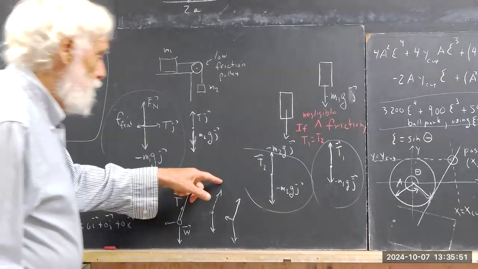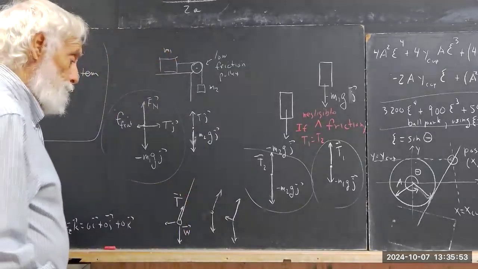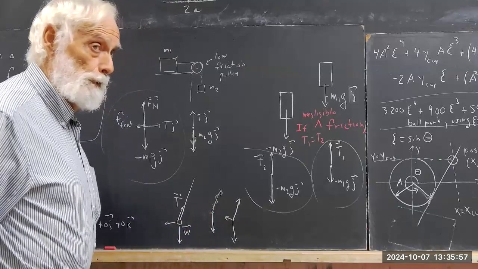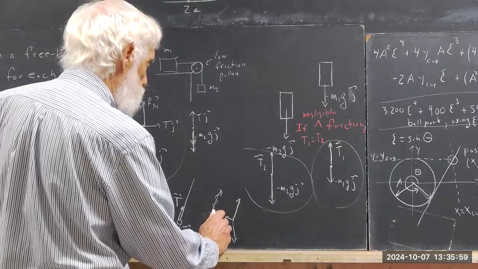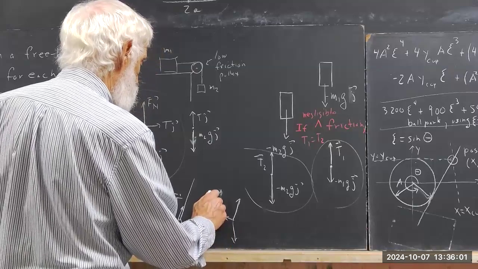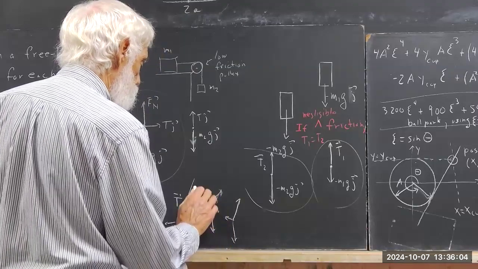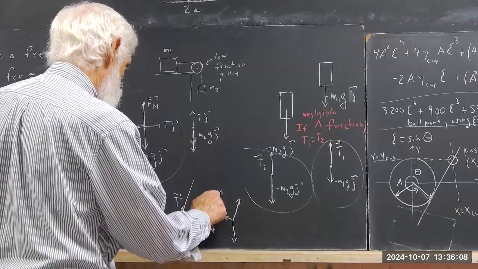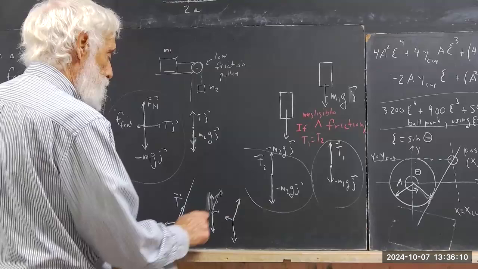Now you can take this tension here and remove it and replace it by its components. Well, I kind of missed, my hand was in the way of my card. Okay.